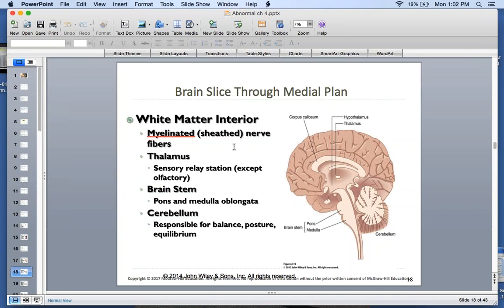Remember on the picture of the axon, there is some covering on that axon, and that is the myelinated sheathing. We have the thalamus, the brainstem, and the cerebellum. Cerebellum means little brain. And they're all responsible for different things.